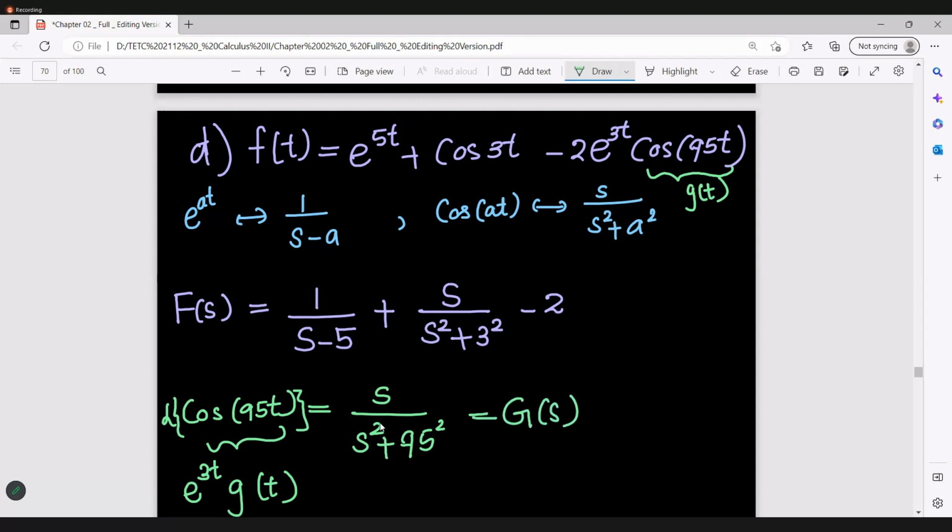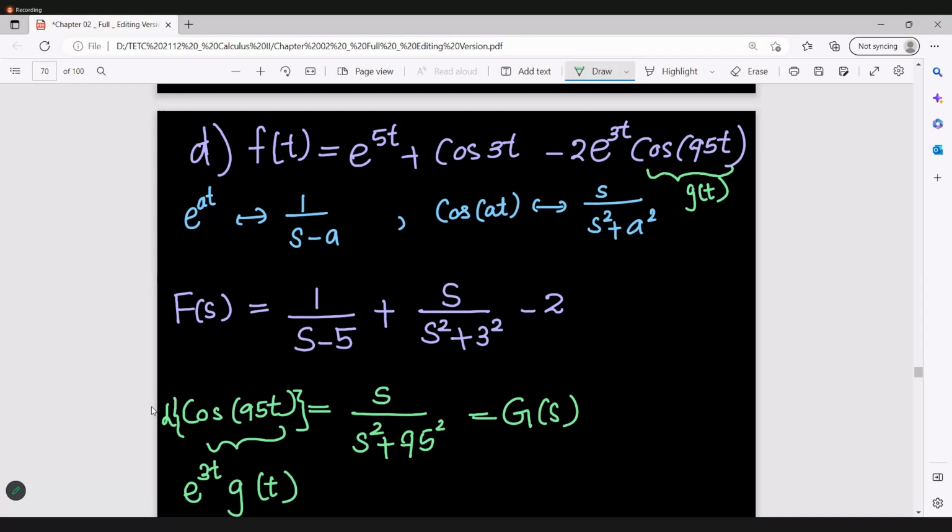So in our first translation theorem, or first shifting theorem, it states that if we have a Laplace transform of the function f of t as capital F of s, and if we multiply the function f of t by e to the power at, then the respective Laplace transform is capital F of s minus a. Now here we take this as g of t, multiplied by e to the power 3t.